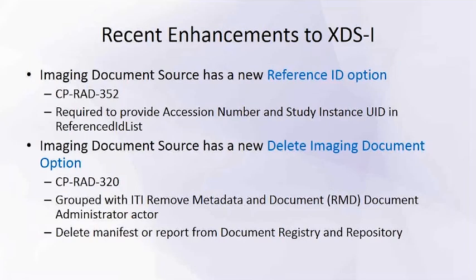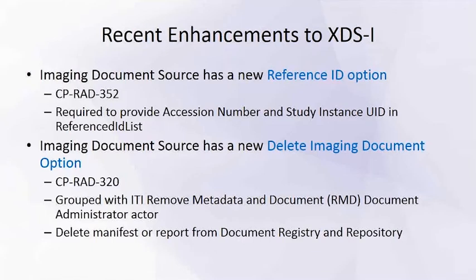So that's the WIA. A couple of new updates about XDS-I that Mike mentioned earlier that I want to highlight, especially for those of you that deploy XDS-I. These new CPs are very important. The first one is CP 352.